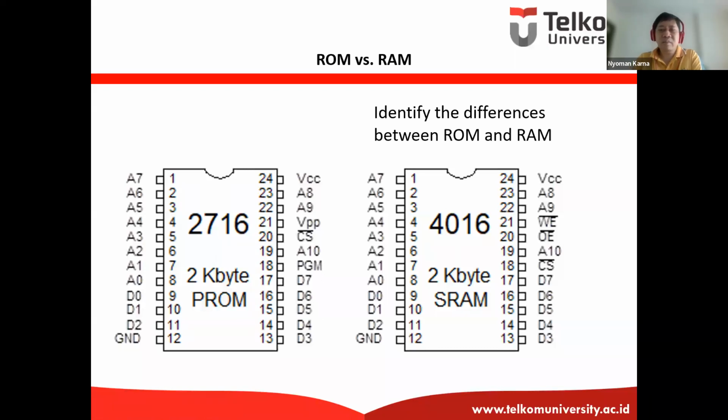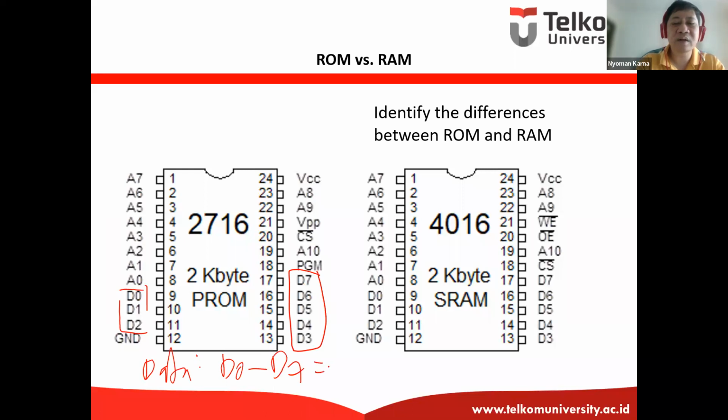Now, this is the example of ROM and also RAM. We have 2716 as the ROM, read-only memory, and 4016 as the RAM. So you can see in here, we have D0 to D2, and then we also have D3 to D7. So the data bus is from D0 to D7, or we have 8 lines.